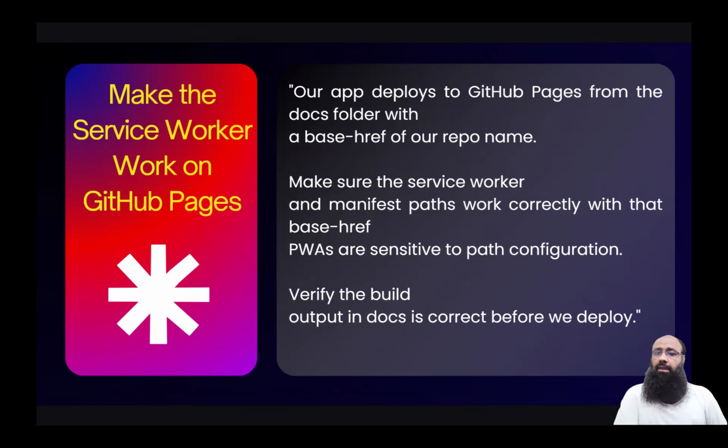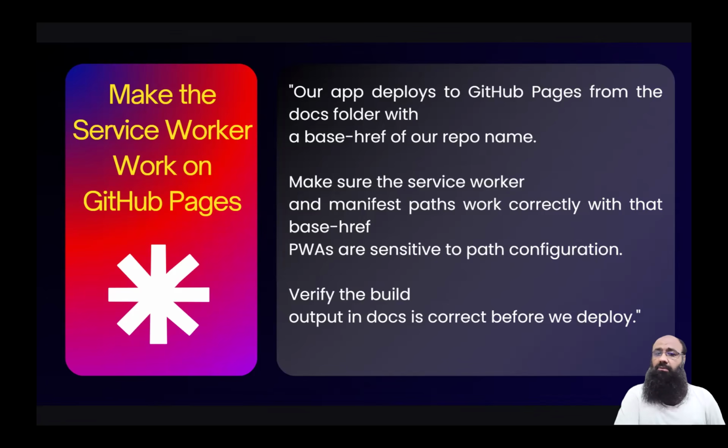Basically, it would be comparatively easy when it's working locally, but when we need to deploy, we need to make sure that it works properly when deployed on GitHub Pages. So we are explicitly mentioning that our app is going to get deployed to GitHub Pages from the docs folder with a base href of our repo name.